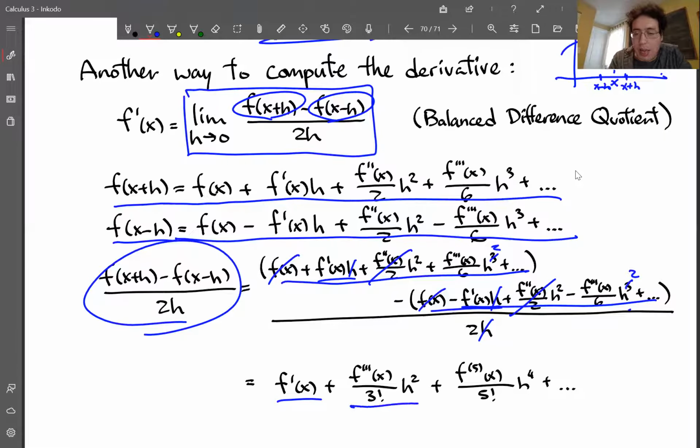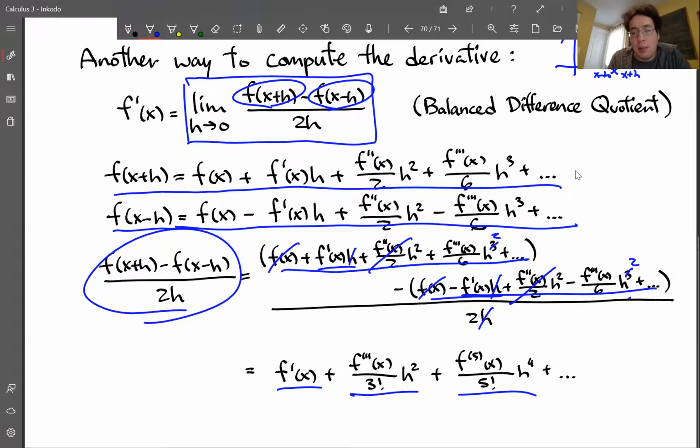And this is what you get. And I haven't written it out, but if you wrote out the h to the 5th term, this is what we would get in the end. You get all the even powers of h. And now you see what the error is. So again, this is going to be the error.